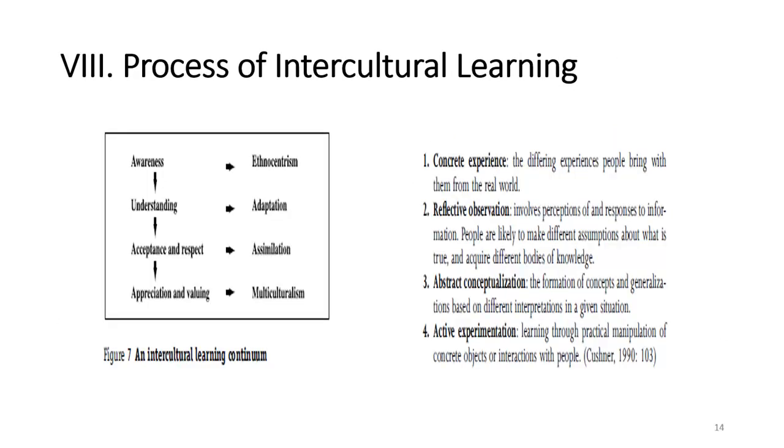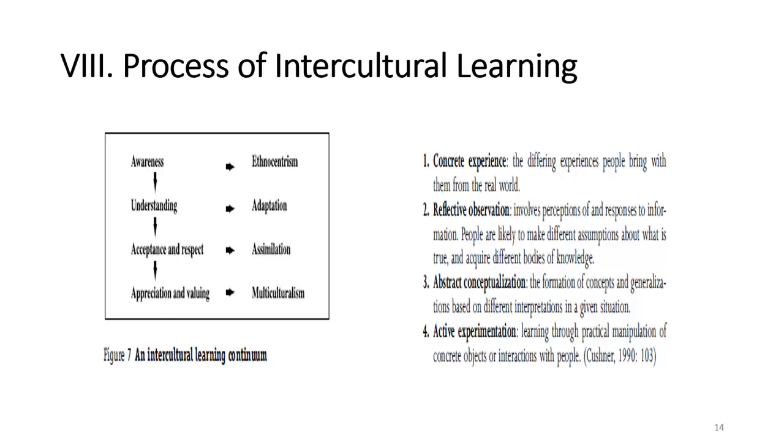The author introduces us to this process of intercultural learning in part 8 of the reading, and he tells us that intercultural learning happens on a continuum, that we should move, if we do it correctly, and it's not an automatic process, from one stage to another, right? From awareness to understanding to acceptance and to appreciation.